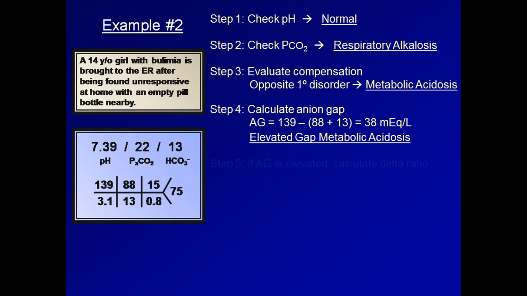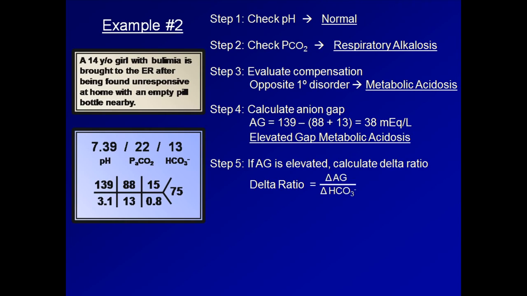Next is step 5, calculate the delta ratio. If you remember from the last lecture, the delta ratio is calculated as the difference between the calculated anion gap and the normal anion gap, divided by the difference between the normal bicarb and the measured bicarb. The calculated anion gap of 38 minus the normal gap of 12 is 26. The normal bicarb of 24 minus 13 is 11.